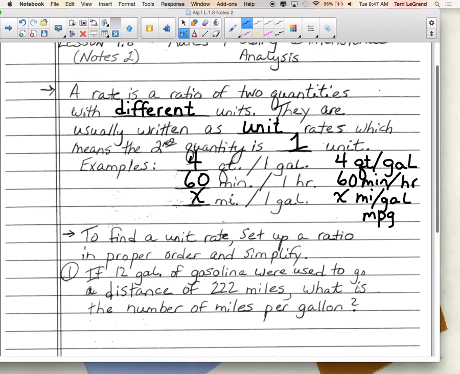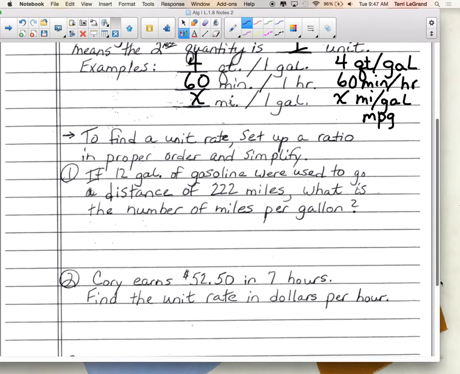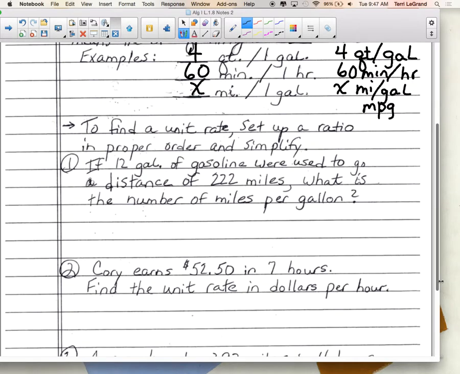So when we have unit rates, which is the typical way we write them, we talk about them per 1 unit. Give me some other examples of typical unit rates in our everyday world. How many inches are in a foot? Inches per foot.